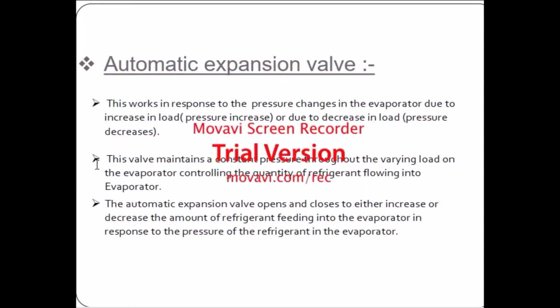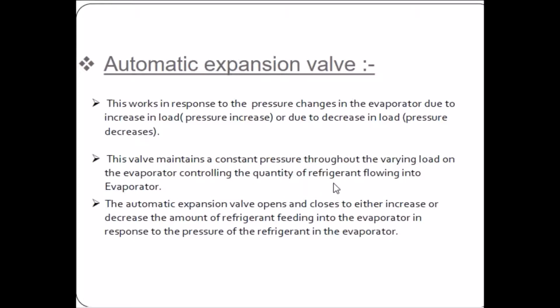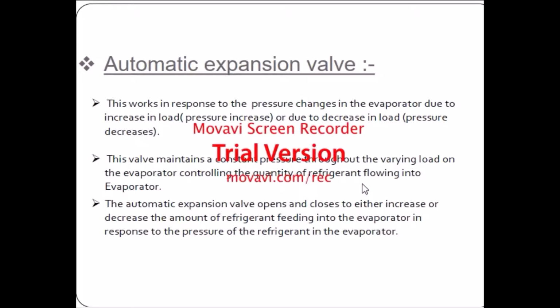Now we go to the second bullet. This valve maintains a constant pressure through the varying load on the evaporator, controlling the quantity of refrigerant flowing into the evaporator. So if it is an automatic system, it will control the pressure. If the pressure is constant, the supply will be constant.